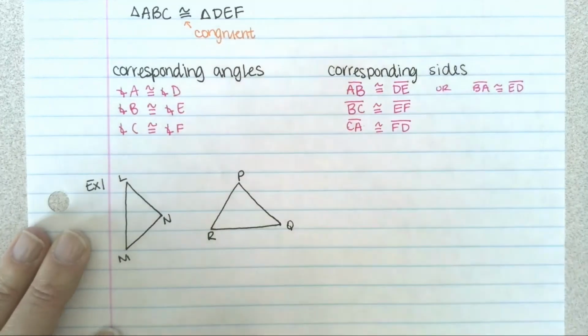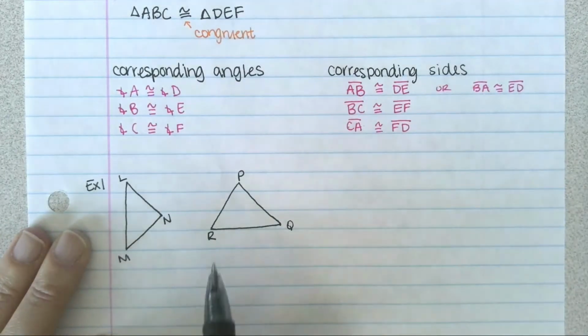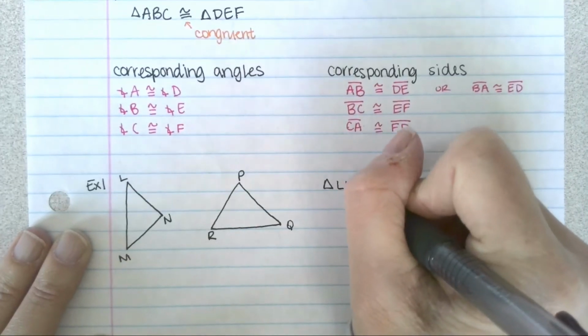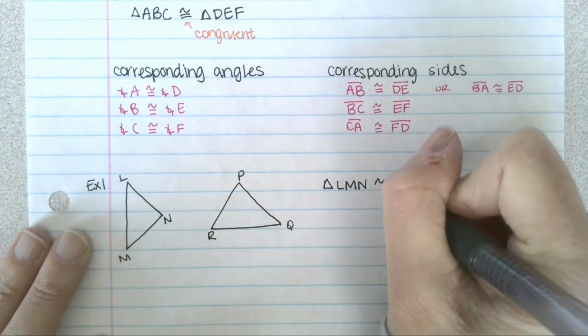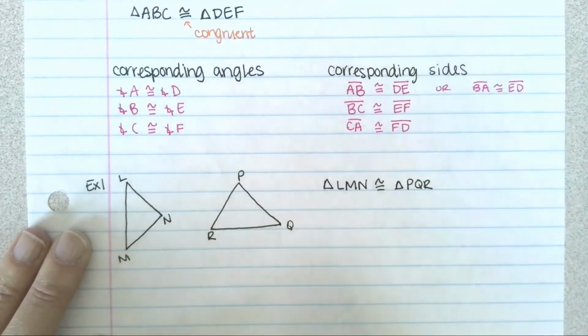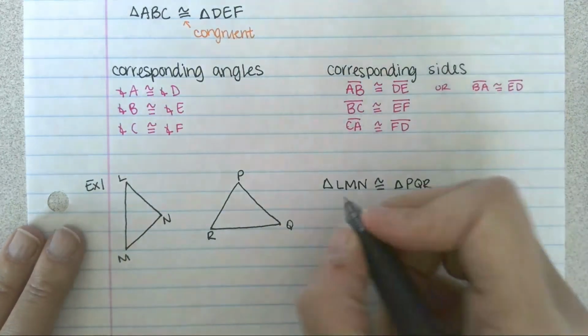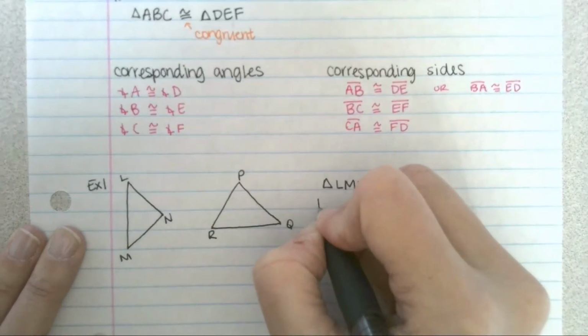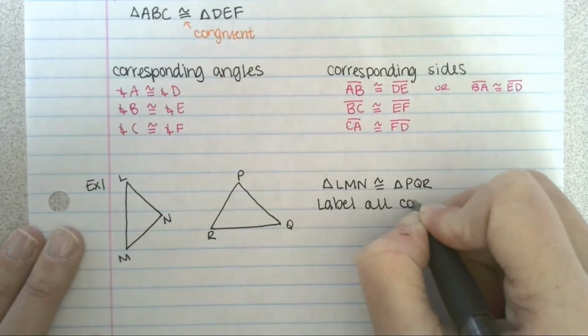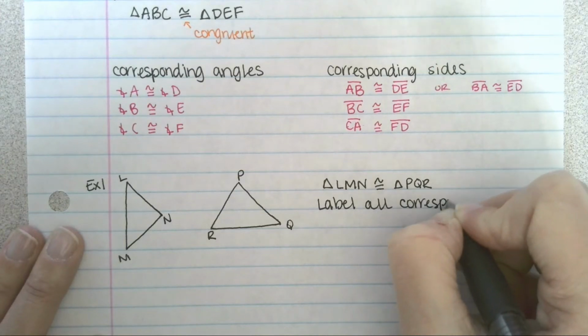Okay, so here is our first, and I'm going to give you the statement, triangle LMN is congruent to triangle PQR. And for this problem, your instruction is to label all corresponding sides and angles.